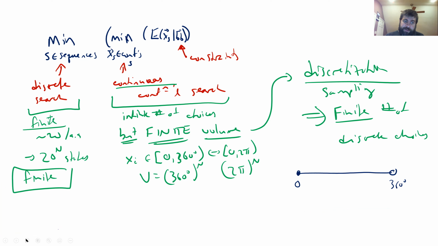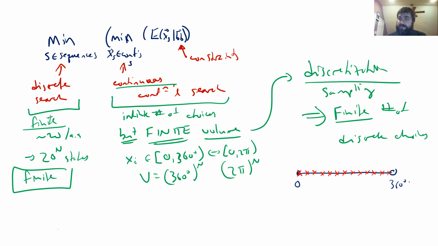It means that we replace this continuously varying number line where every single point is allowed with a finite number of points along that interval.